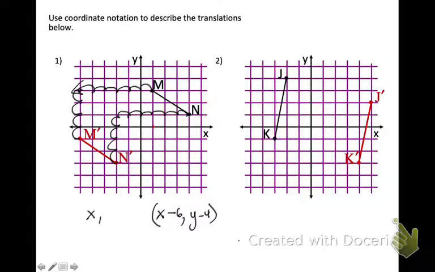So we go from x comma y, and we figure how many am I moving to the right or left. Remember, this is your across movement, and this is your up or down. If it's positive, you go up. If it's negative, you go down. If it's positive, you go right. If it's negative, you go left.